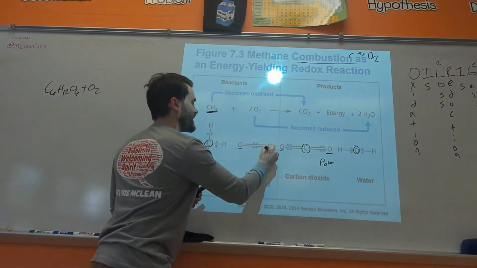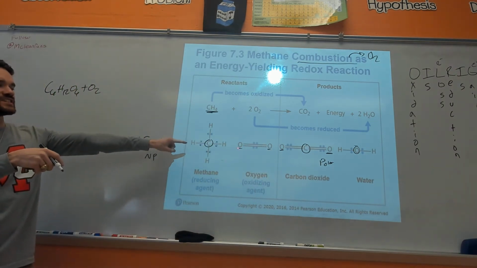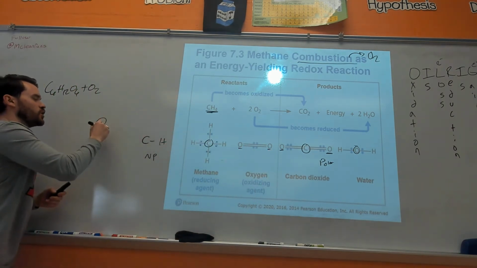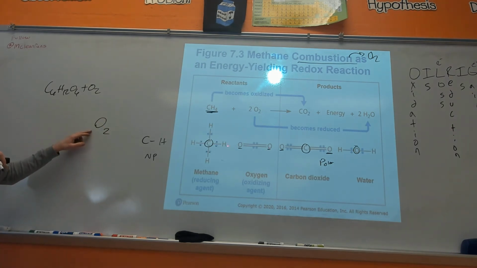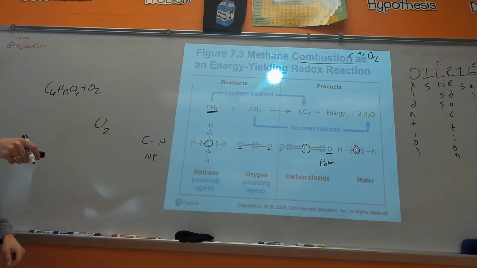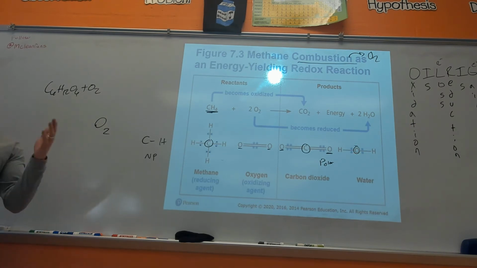The oxygen in our reactants, because oxygen in nature is O2, two oxygen atoms paired up, each has the same electronegativity. The electrons are equally shared. But then once you pair up the oxygen with hydrogen, oxygen is way more electronegative than hydrogen, so now the electrons are going to be sucked into the oxygen. I hope that's making sense.